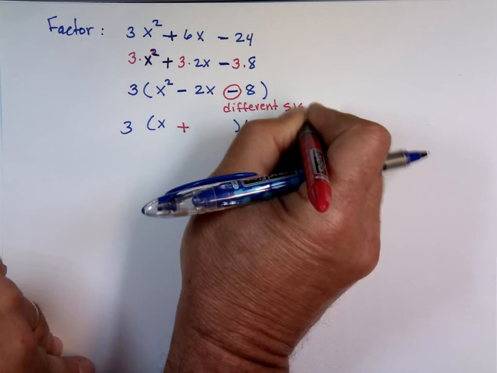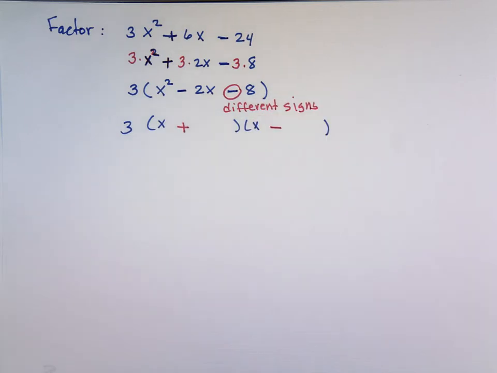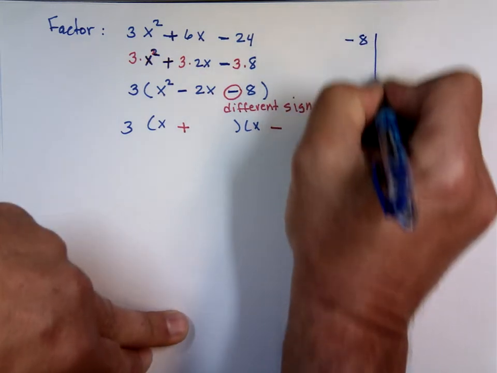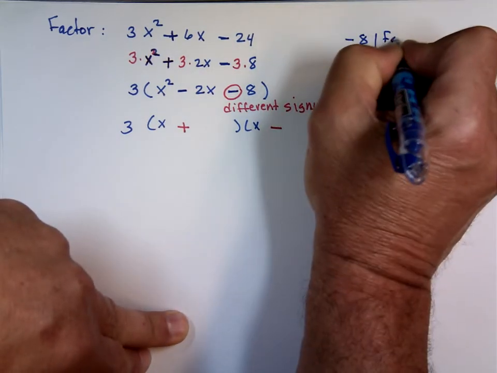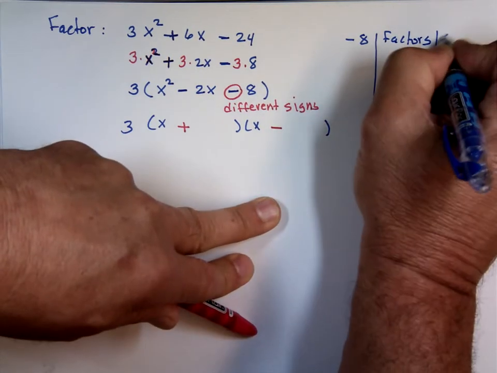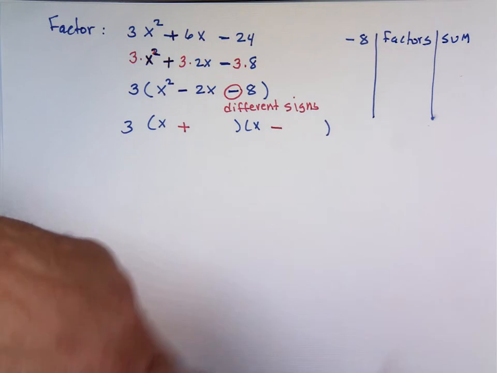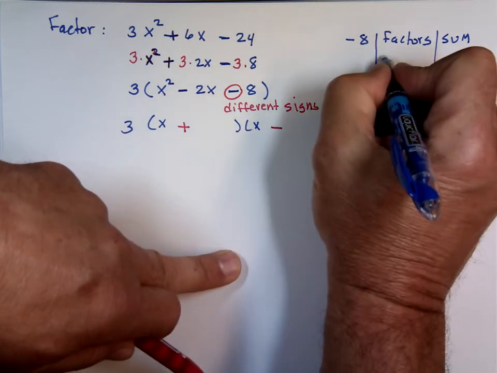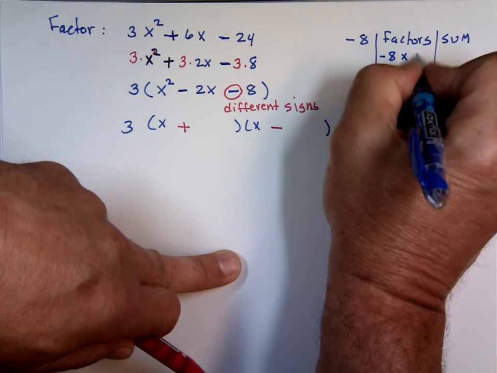And let's see what the numbers are. The negative 8, the factors of that, and the sum. Negative 8 could be negative 8 times 1, but that would give me a negative 7 when you add them. Not good.